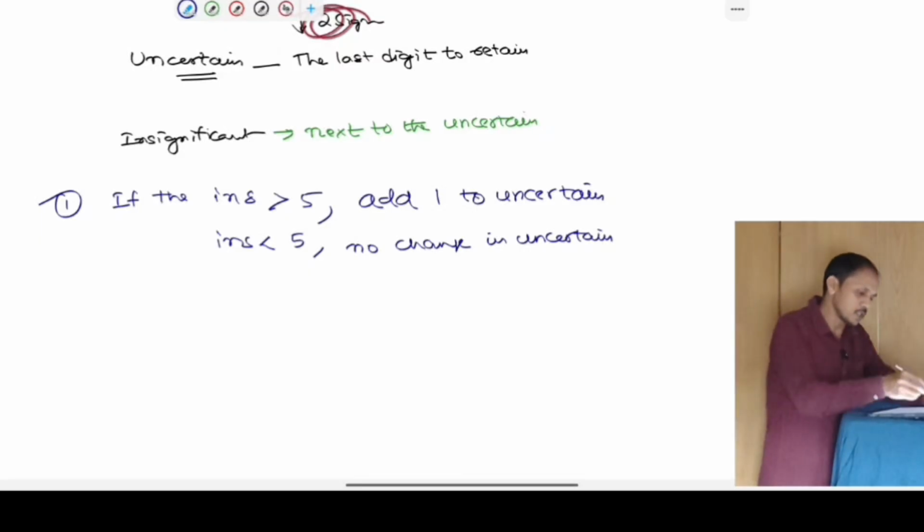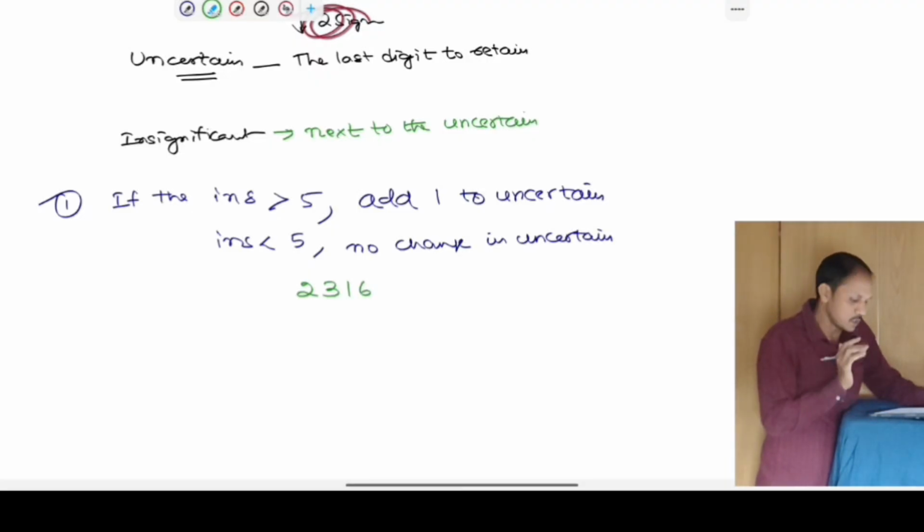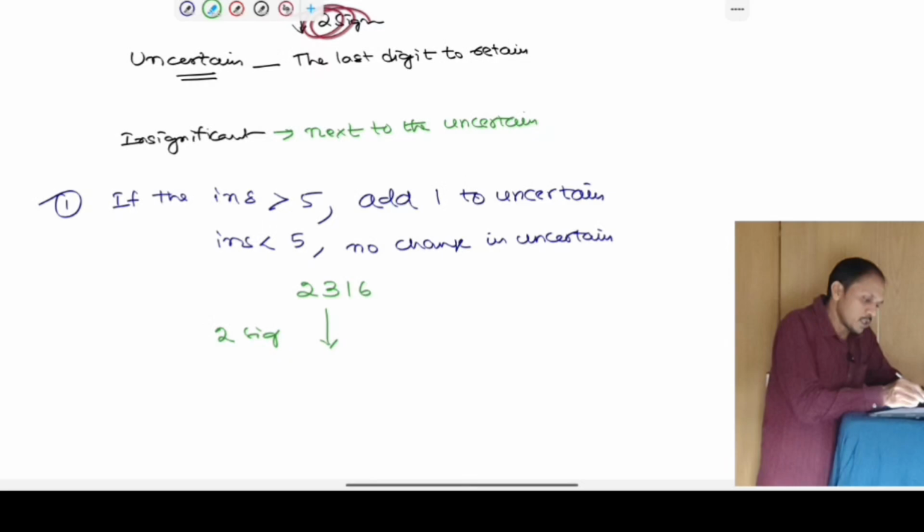So let's take an example. Suppose there is a number 2316, there are 4 significants in this. I want rounding off to 2 significants. Then which is the uncertain?